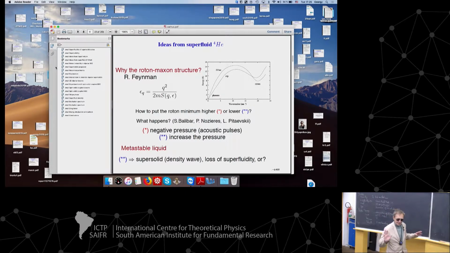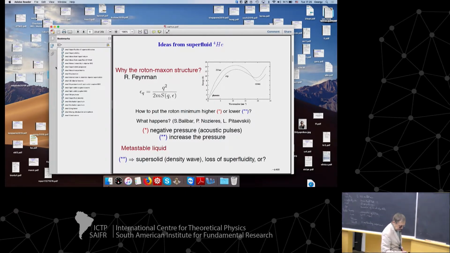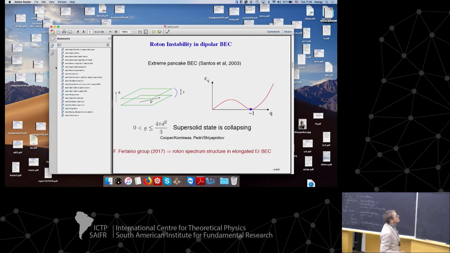The system is unstable. So at a much later stage, okay, this is still the work that I already mentioned, collapse of the supersolid state in a dipolar BEC in quasi-2D geometry.